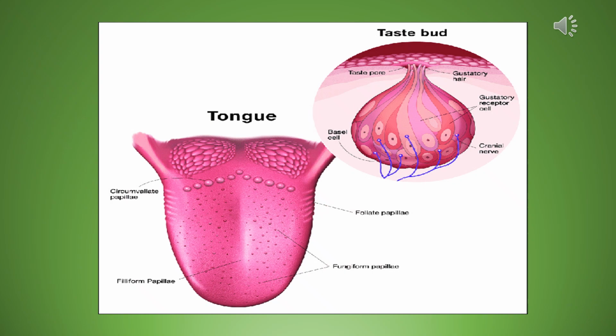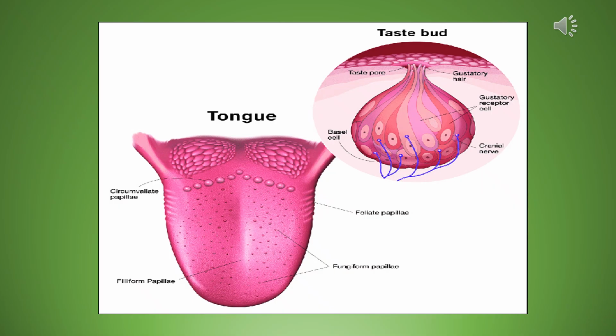Well, notice that the taste receptor cells are exposed to the outside. They are epithelial cells, they're not nerve cells. They will have to be replaced. I mean, you get hot things and abrasive things on your tongue, it can destroy those taste cells. Well, they're going to have to be replaced.